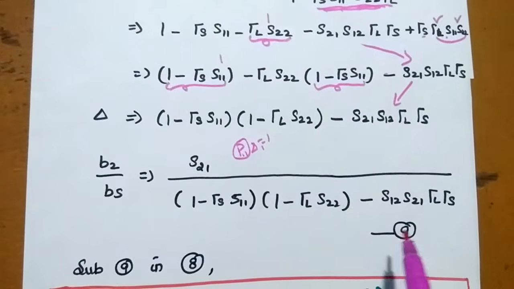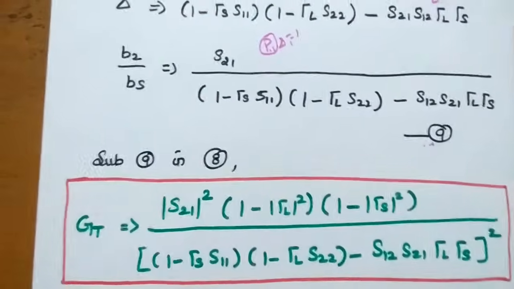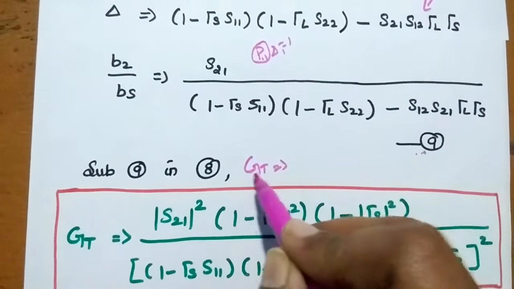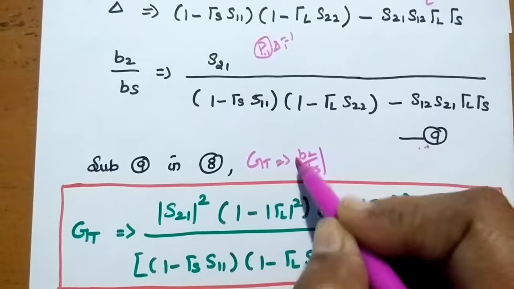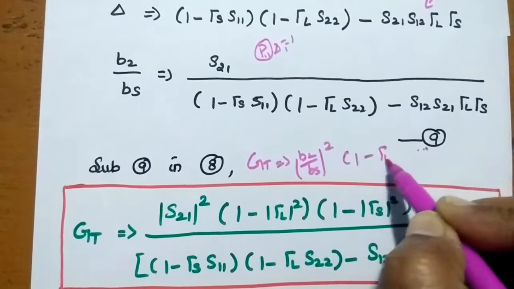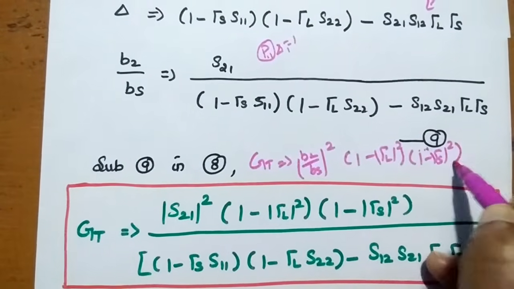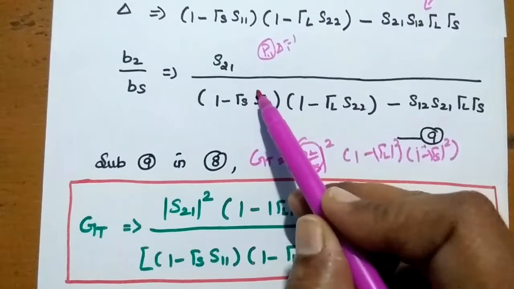Now we are going to substitute this ninth equation in the eighth equation. So what is the eighth equation? This is the eighth equation: transducer gain is equal to B2 by Bs the whole squared, 1 minus gamma L squared into 1 minus gamma S squared. Correct? In this one, this value B2 by Bs can be replaced by this value.